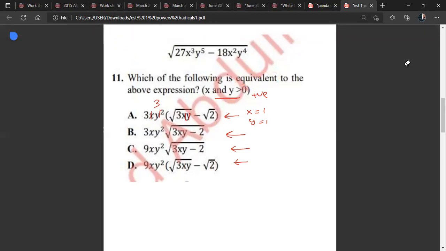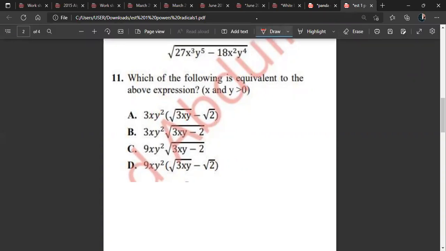The second strategy: you can take the GCF from both sides. Here you can take 9, the GCF, as a factor. We can take 9 from here and 9 from here. When you take 9 under the radical, open brackets.